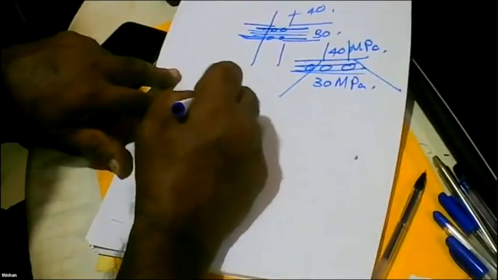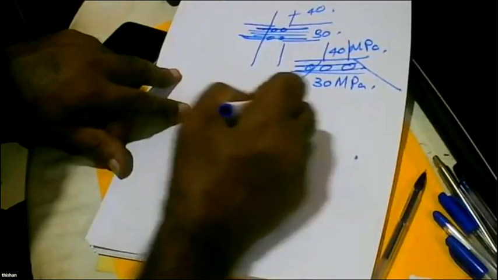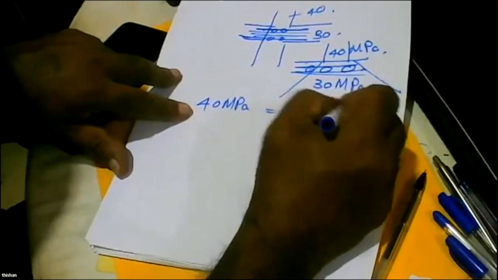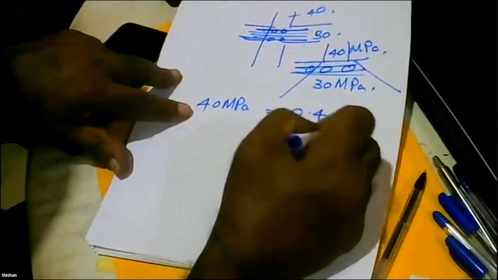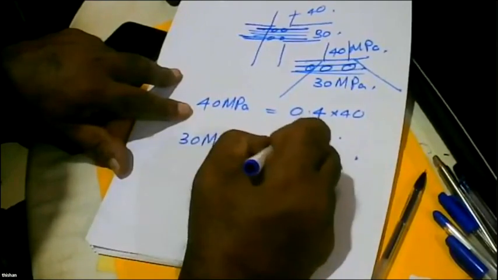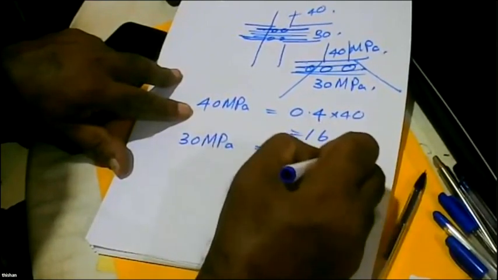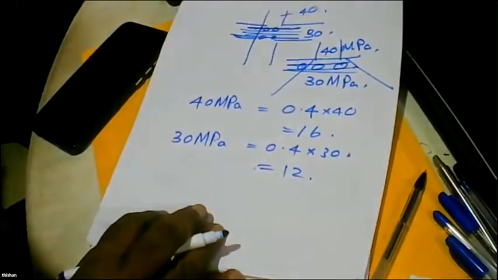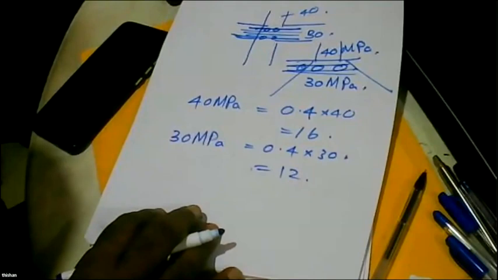And anyway, 40 megapascal concrete, the working stress will be 0.4 times 40. So it will be 16. And for 30 megapascal concrete, again will be 0.4 into 30, 12. So you can see, although we are having a difference of 10, within the structure the difference is only 4 under the working stresses.